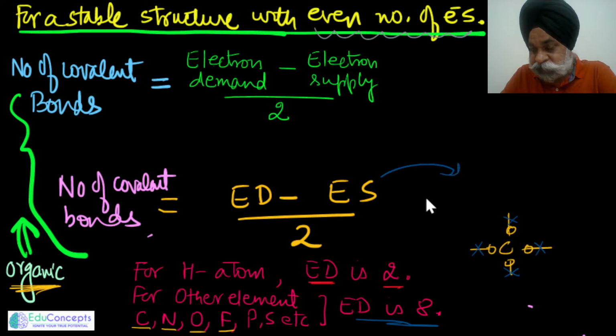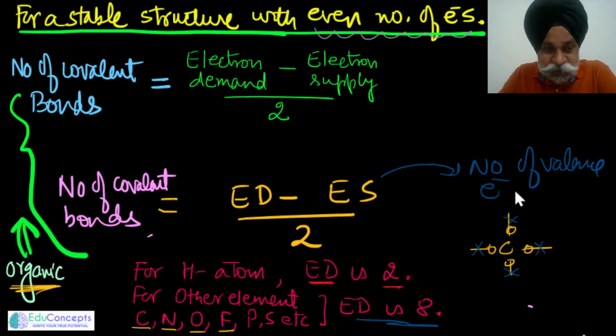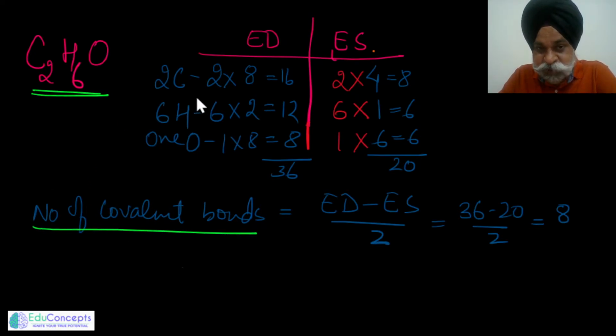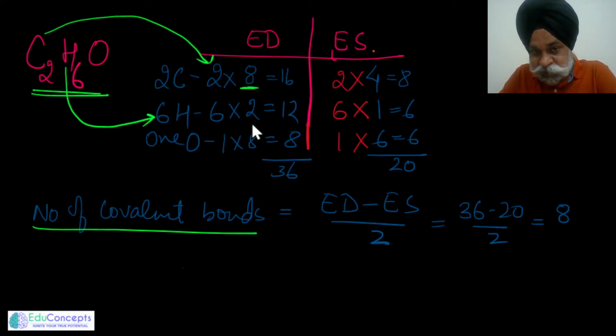And electron supply, we said, is the number of valence electrons for a given element. This we have already shared. Let me give one example and then we'll continue with the topic we are supposed to do today. Say you are given this formula and you are supposed to find the number of covalent bonds. The electron demand is 8 for each of the 2 carbon atoms. And there are 6 hydrogen atoms, each looking for 2 electrons to have a duplet complete because they want the helium configuration.